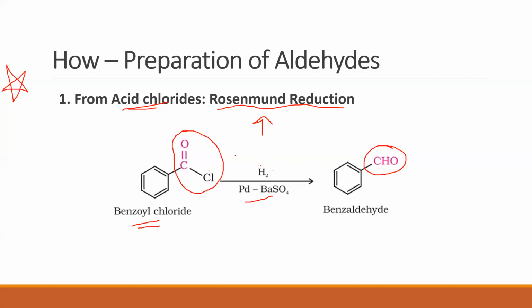That hydrogen will get substituted in place of the chlorine to become a CHO group. So basically what's happening here, the halogen atom of the acid chloride is replaced by hydrogen, giving us an aldehyde, which is benzaldehyde. Clear? So this is the first method, Rosenmund reduction.